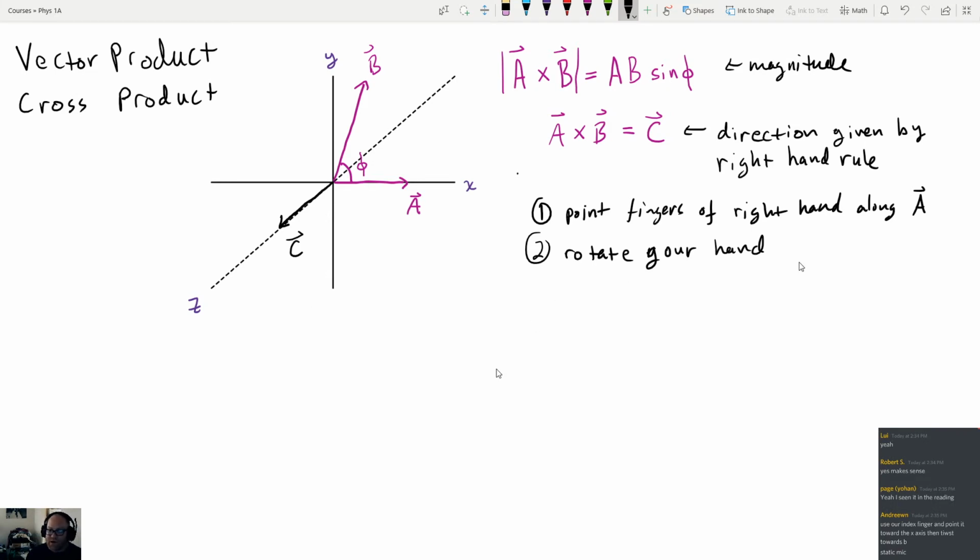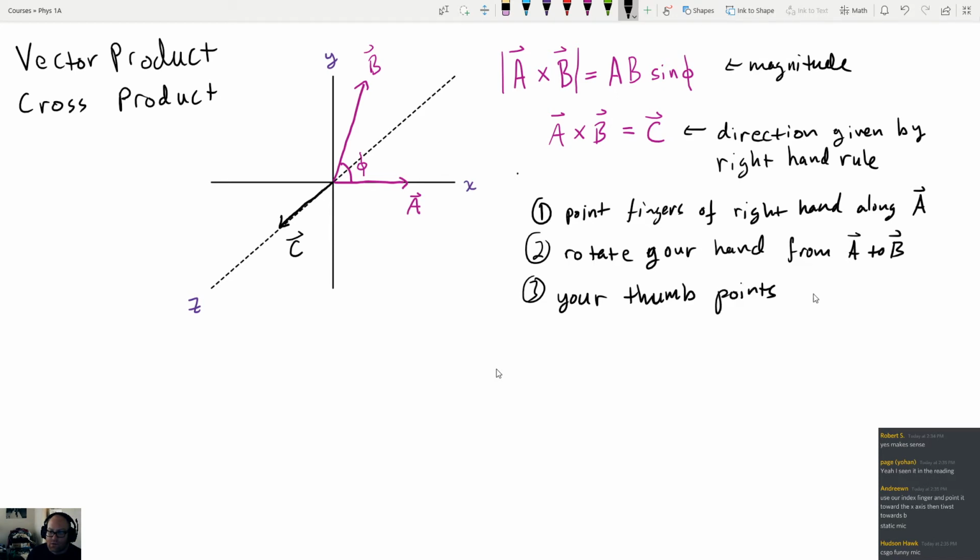All right, rotate your hand from A to B, and then your thumb will point in the direction of A cross B. So this is a lot harder than the dot product.